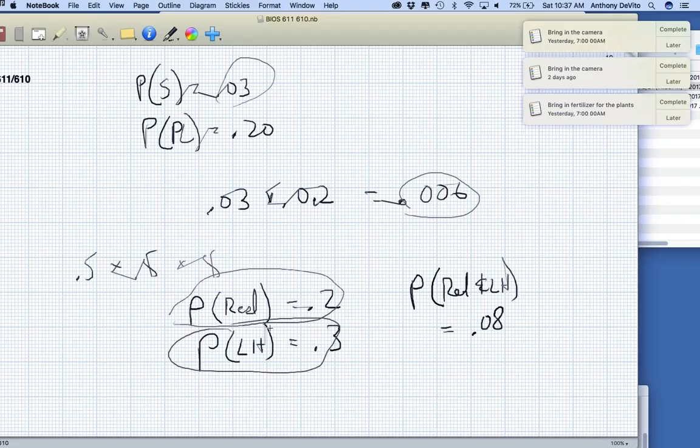What can you tell me about that probability? Are those two things independent, given what I've told you?